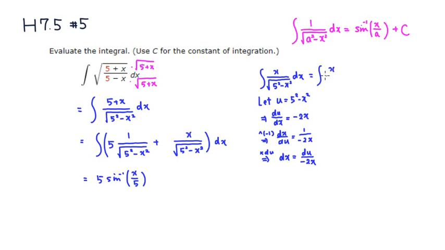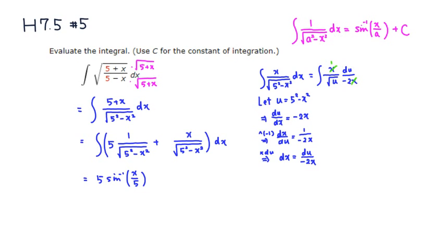So this can be rewritten as an integral. The x I'm going to leave as it is, and then it's the square root of u, and dx is du over negative 2x. Oh, sorry, negative 2x, I meant. So you can see that the x on top and the x on the bottom cancel out.